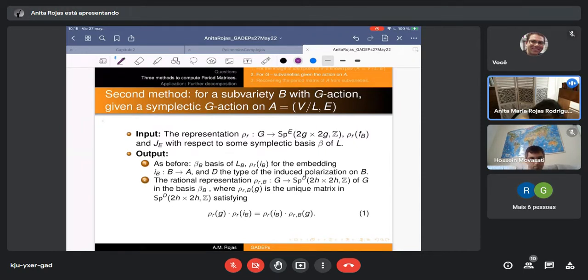Okay, when you have a central idempotent in QG, the image of A of that central idempotent is G invariant. Okay, so there are several subvarieties that can be found once you have the variety with group action. There are several subvarieties fulfilling this property, having the action restricted to it.